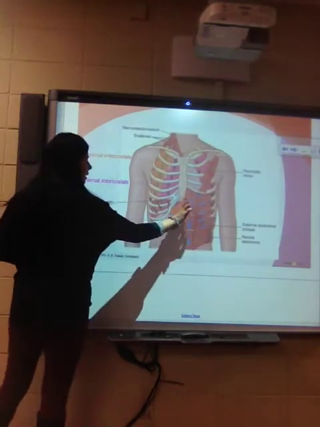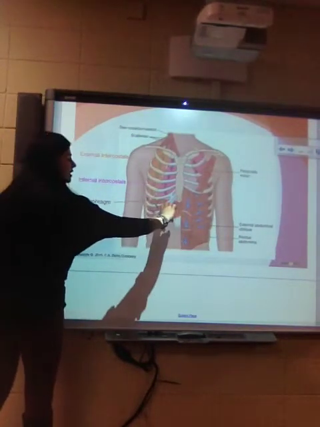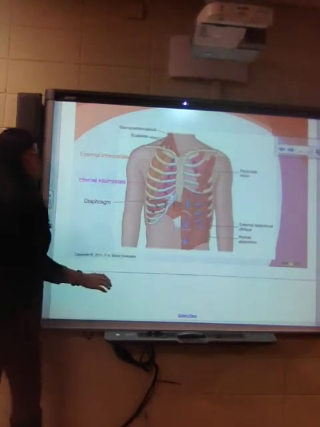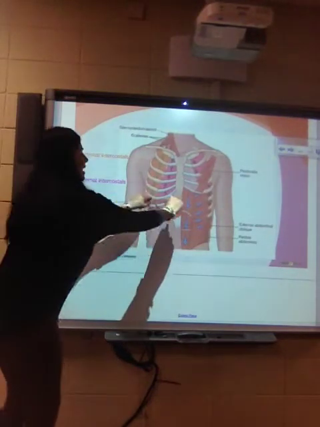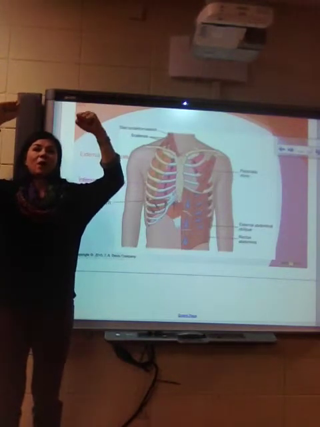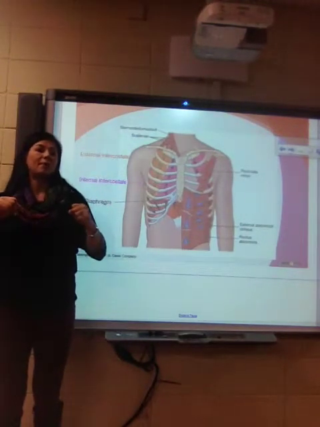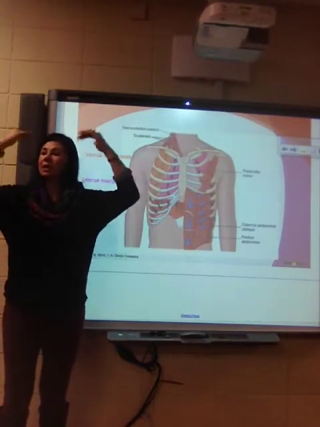It rests like that, pushing up. When these muscles contract and shorten, that's when it is pulled down, and when it pulls down, it's like grabbing the bottom of those lungs and opening them up. At the same time, those ribs are going up and out, so we can inhale.